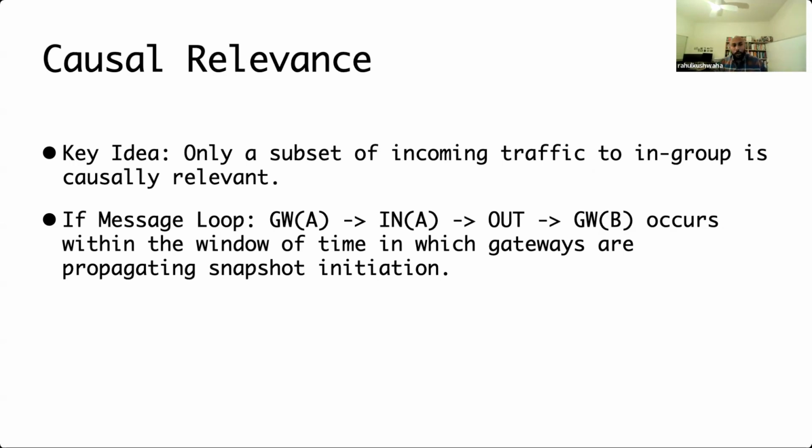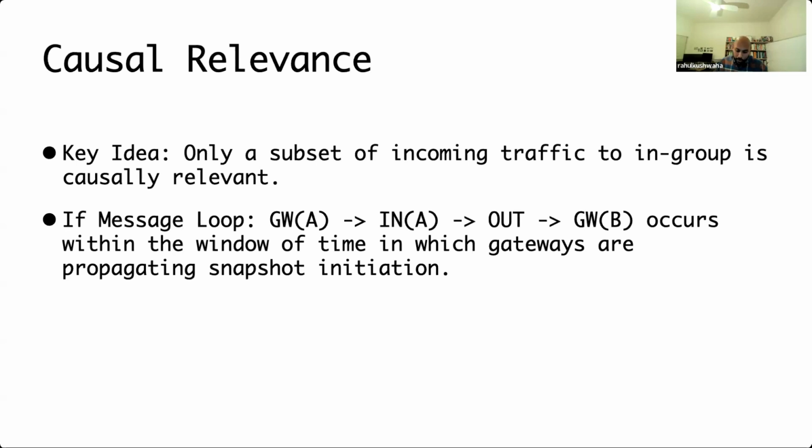This is the time window during which, if snapshot information is being propagated and a message comes in between, that means our snapshot will not be causally consistent. So again, snapshot marking has begun on one of the gateway markers, and it has not completed on all the gateway markers.